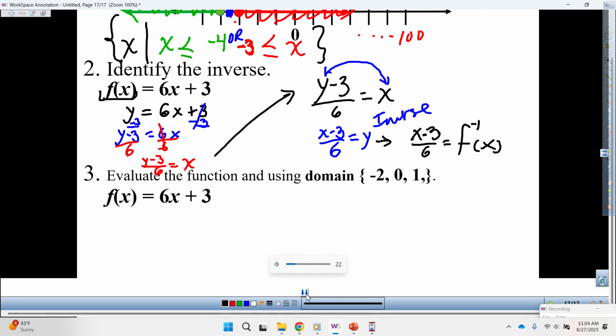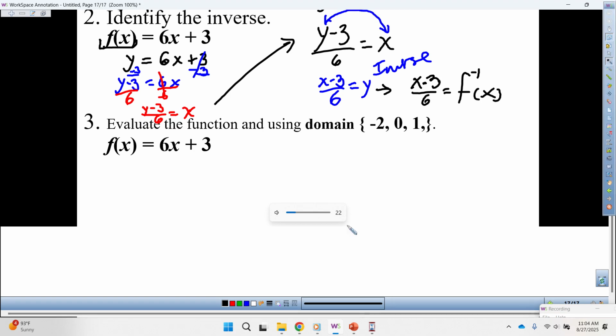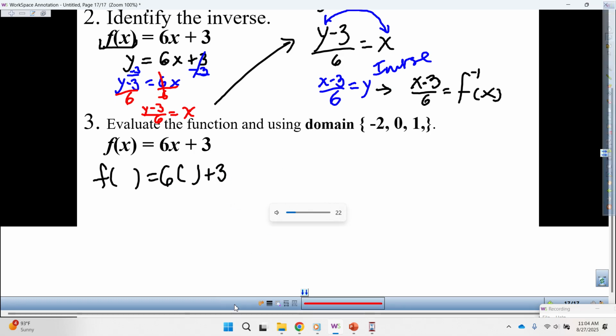All right, go to number 3. Number 3. It says evaluate. So, all right. Check with the neighbor, see what they got for the first value, which is f of negative 2.